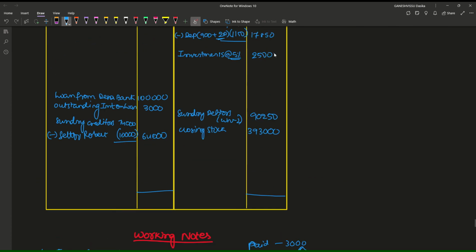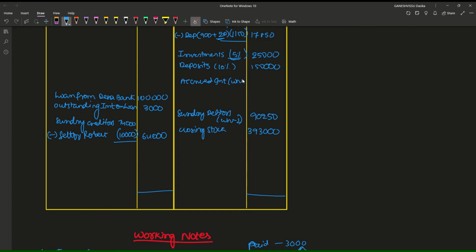Interest should not be added to these investments, that is a separate value. And we also have deposits at 10%, in bracket I am writing, so deposits 1,50,000.